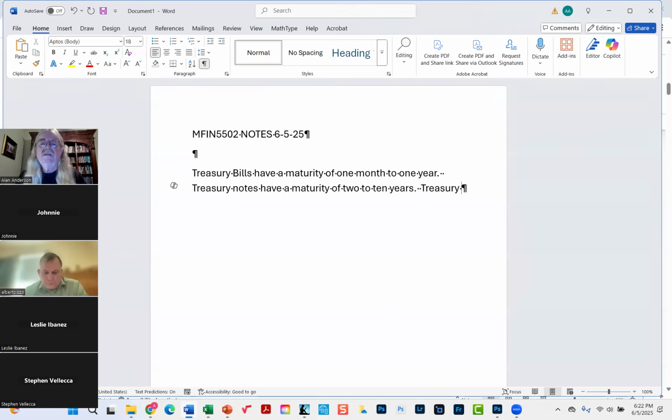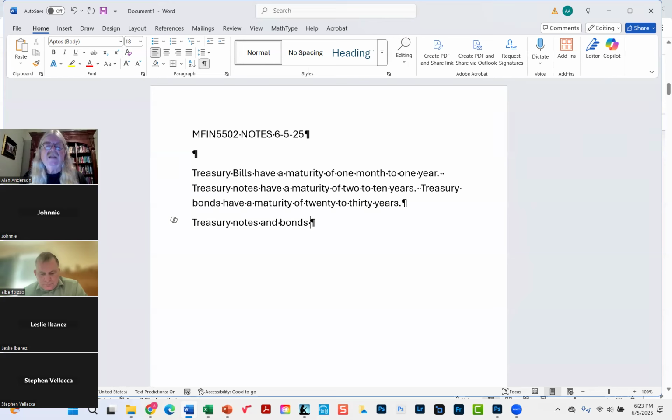Treasury bonds have a maturity of 20 to 30 years. But there's one more thing that really separates these three types of Treasury securities. Treasury notes and bonds pay coupons to investors. In other words, twice a year, you get half of the annual coupon rate sent to you, or credited to your account, actually.